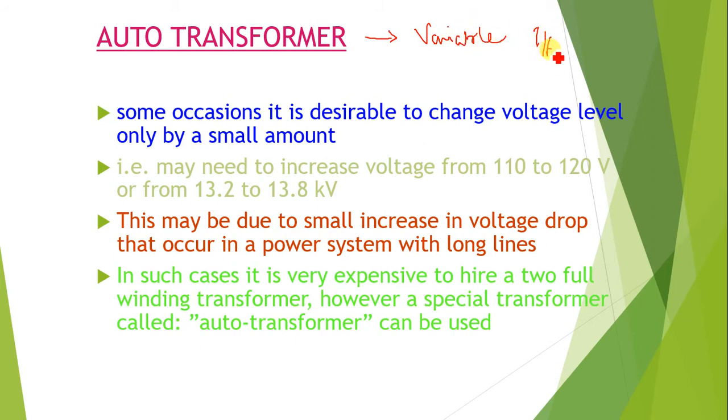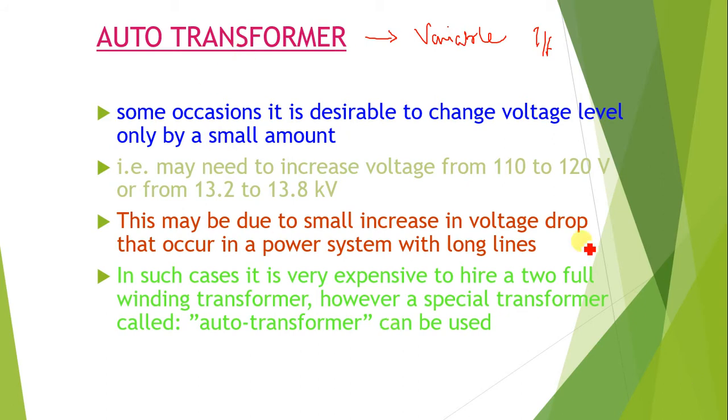That means the primary of the transformer is a fixed coil, and the secondary is variable. Such transformers are applied whenever you want to change voltage only by a small amount, not by a very large amount.